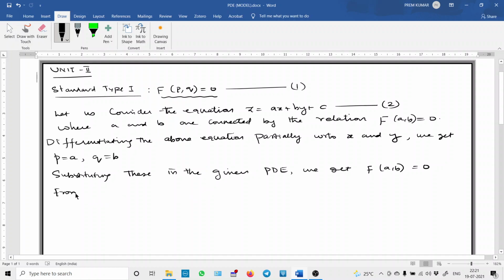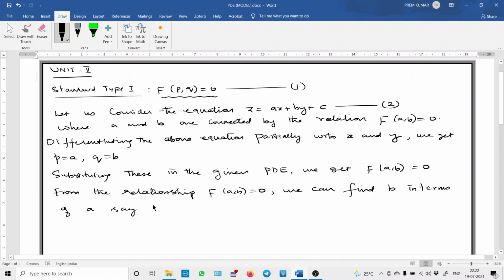So from the relationship, capital F of a comma b equals 0, we can find b in terms of a. Say this b can be expressed as some function of a, because that relationship exists, F of a comma b equals 0.